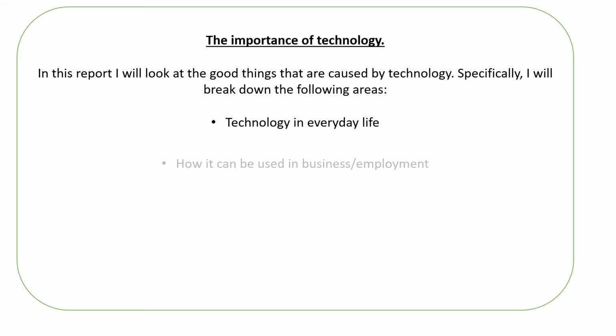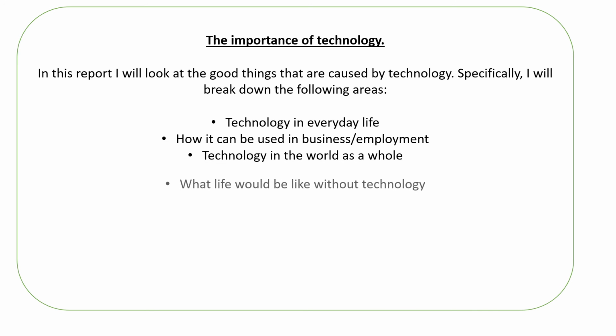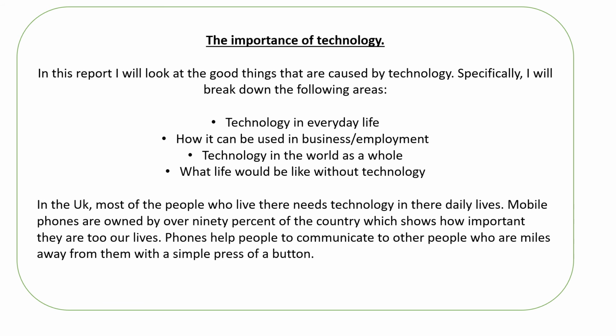Technology in everyday life, how it can be used in business or employment, technology in the world as a whole, and what life would be like without technology. In the UK, most of the people who live there need technology in their daily lives. Mobile phones are owned by over 90% of the country, which shows how important they are to our lives. Phones help people to communicate to other people who are miles away from them with a simple press of a button.